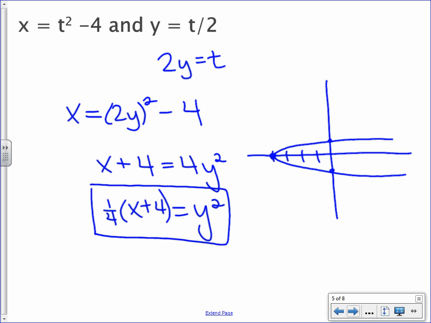You are not going to put arrows on the end. We have a direction since this is a parametric equation, right? So you have to put arrows saying that that's the direction of the parametric equation. How did I know to put the arrows going that way?